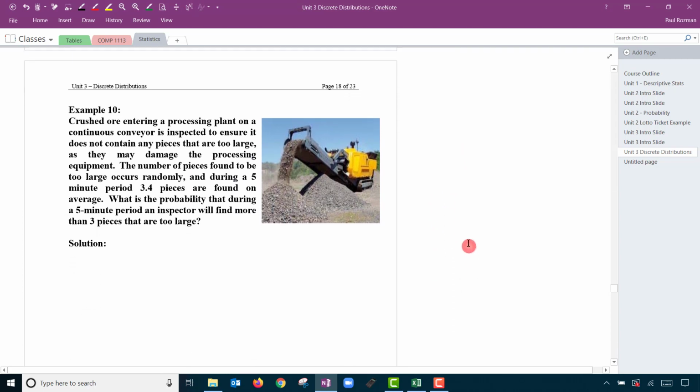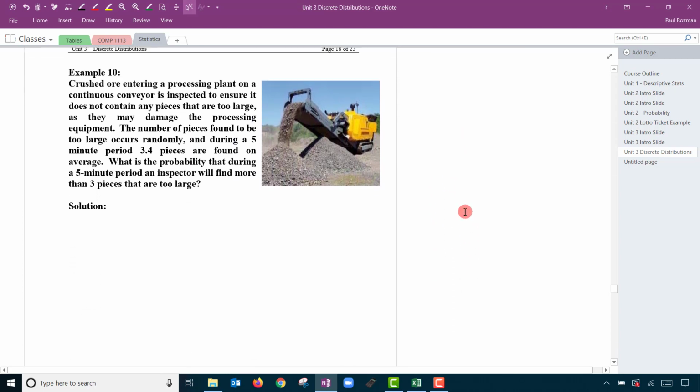Here's a little example. We're crushing ore, and it's going into a processing plant on a conveyor belt. We're worried about pieces being too big. So the number of pieces found to be too large happens randomly, and during a 5-minute period that we have observed, because we watch this constantly, 3.4 pieces are too large per 5 minutes.